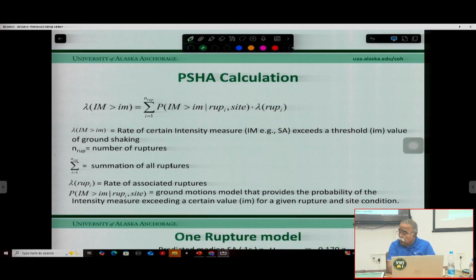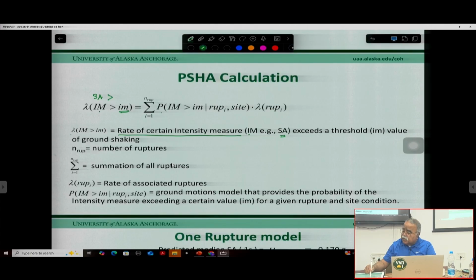Now, what I need to do is calculate the rate of a certain intensity measure, right? Let's say the intensity measure is the spectral acceleration. So this is your lambda IM to exceed a particular value. That means we need to calculate the rate of spectral acceleration exceeding a particular value.